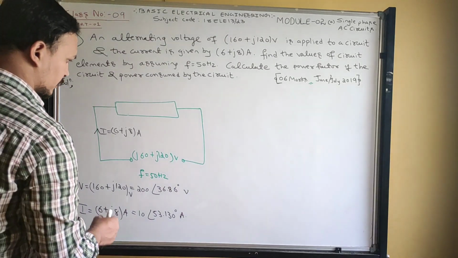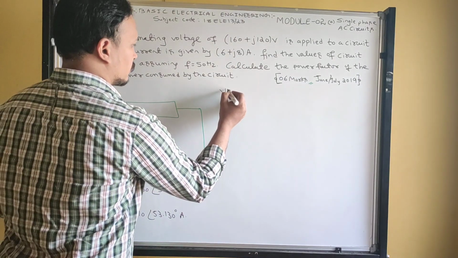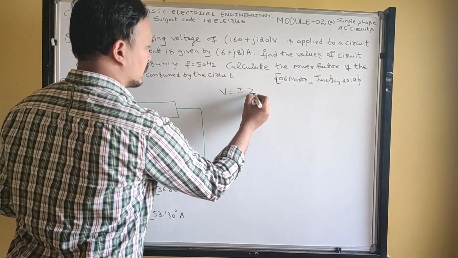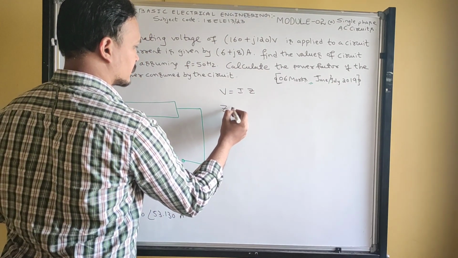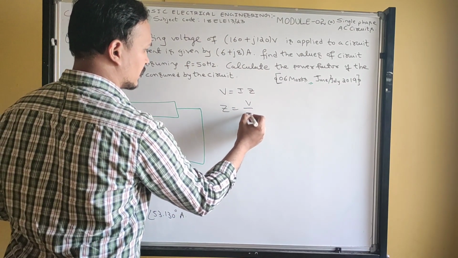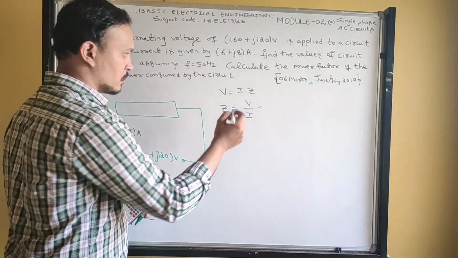Got it? So now we know that voltage is equal to current into impedance. Now find the impedance. Impedance is equal to voltage by current. What is the voltage?